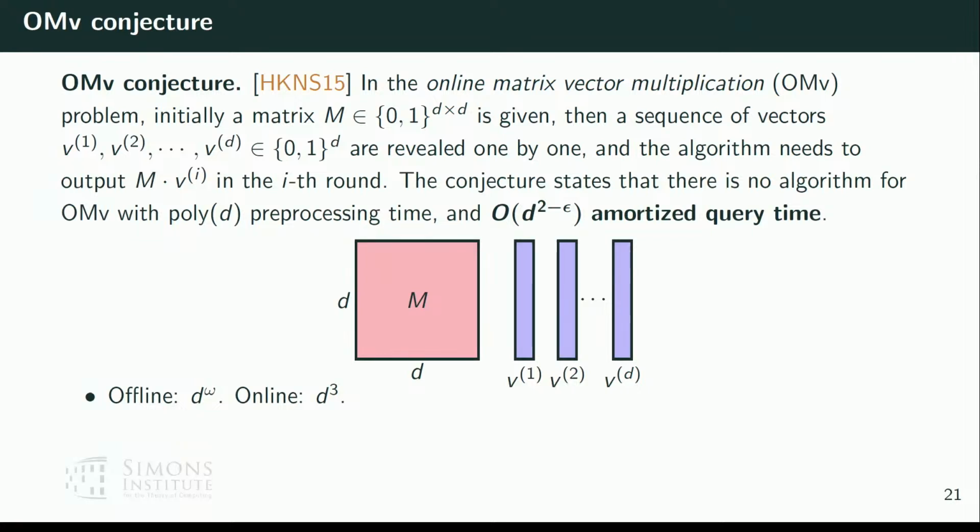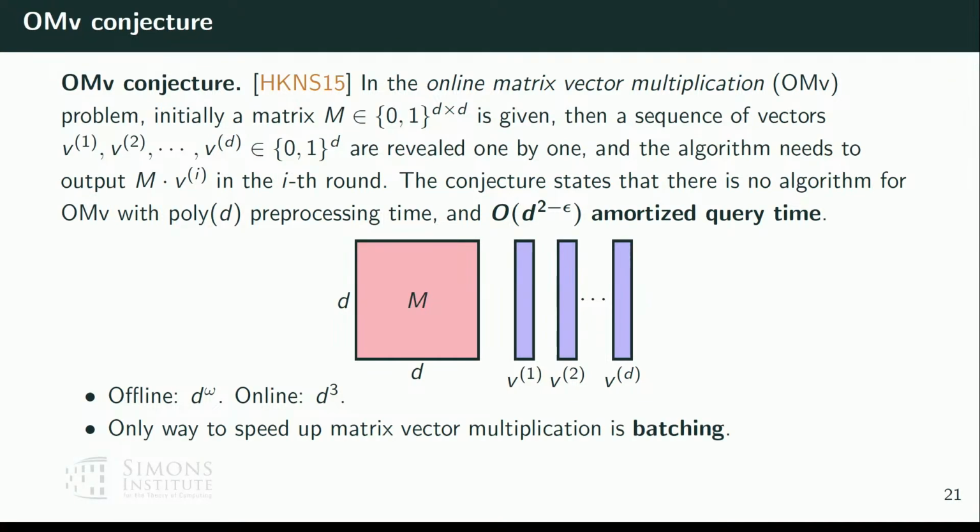And if we have all these vectors in the beginning, if you give them as a batch, then we can use fast matrix multiplication to get something that's faster. So basically, this conjecture says if you don't do that, if you give them one by one, then all this multiplication will take d cubed time.